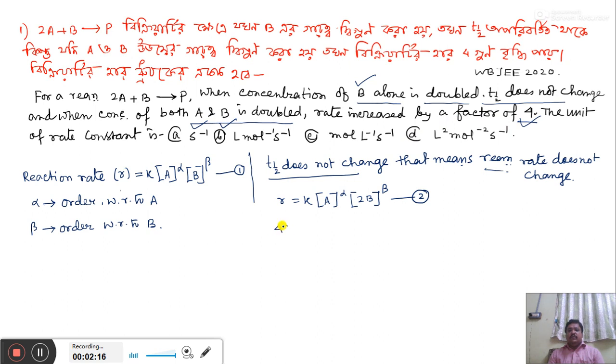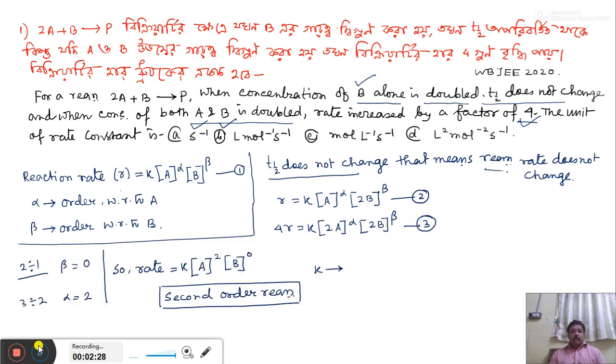So 4R is equal to K into molar concentration of 2A to the power alpha into molar concentration of 2B to the power beta. Dividing equation 2 by 1, we get beta is equal to 0, and dividing equation 3 by 2, we get alpha is equal to 2.